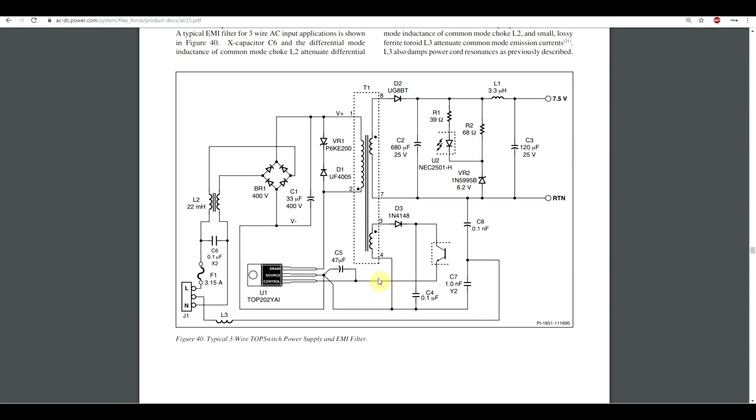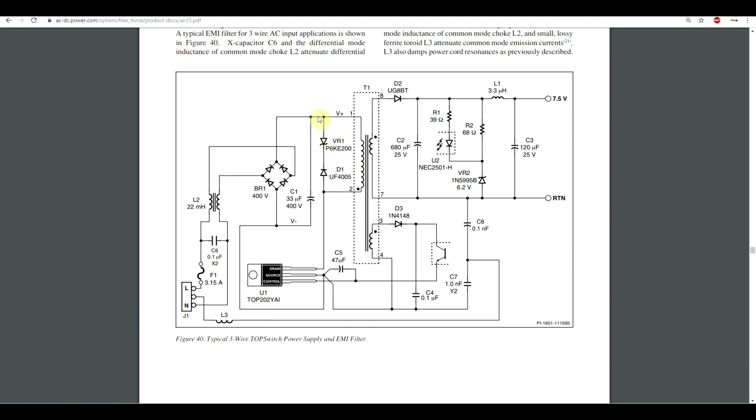Now, inside the flyback supply, we have an interesting source of common mode noise because of the connection between the primary and the secondary. So the 2 sides are galvanically isolated, there's no direct connection between them, and this is done for safety reasons.